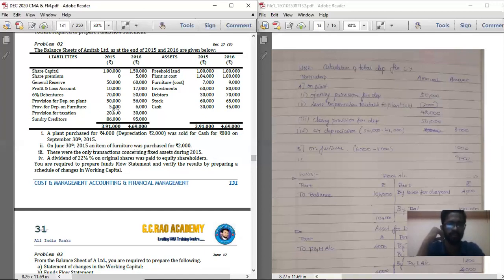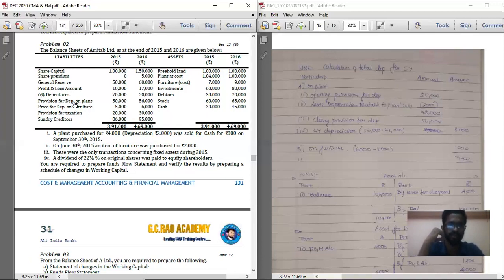So the difference between opening balance and closing balance of provision for depreciation on furniture is nothing but current year depreciation. So below that, capital B, depreciation on furniture, within bracket 6,000 minus 5,000, that is closing balance minus opening balance. In the outer amount column record 1,000.